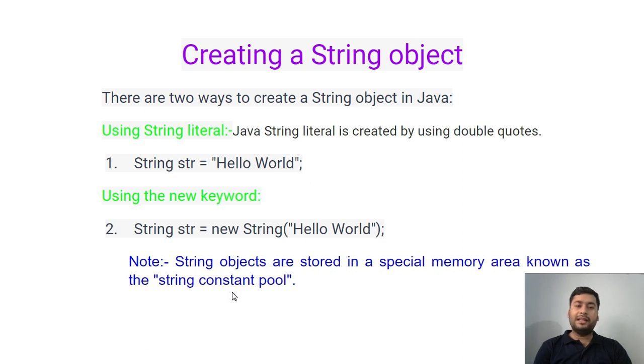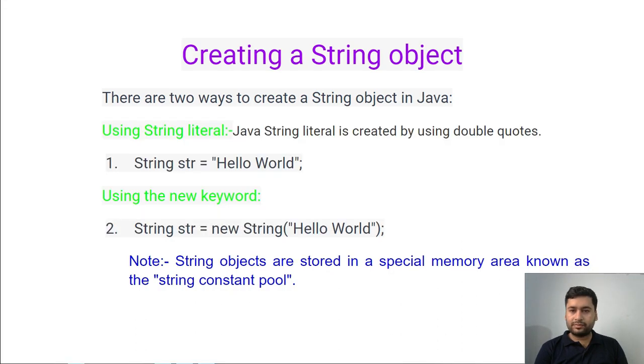Or maybe they will ask how many ways we can create an object for a string. What are string literals? What is the meaning of that? So like that they will ask questions. You have to clearly tell them that whenever you create a string object through a string literal, those objects go and get stored inside the string constant pool. So you have to remember that.